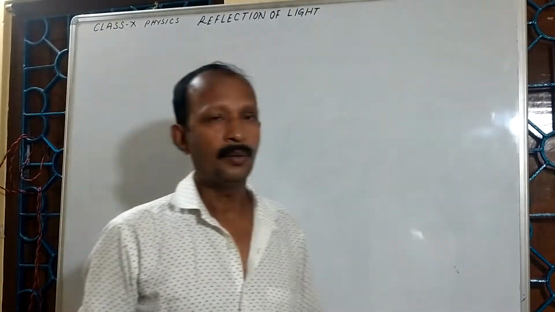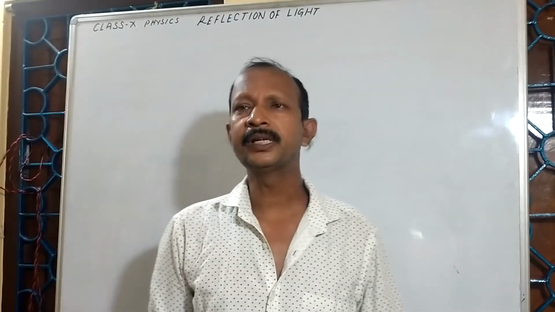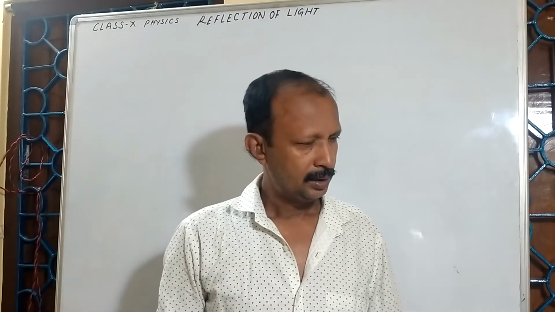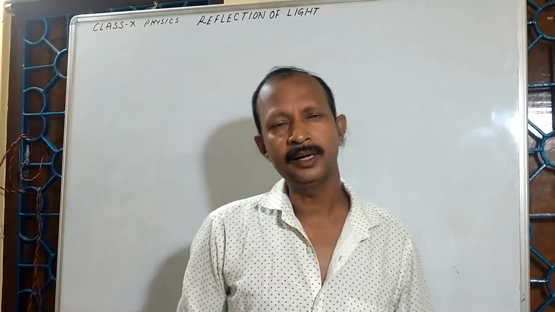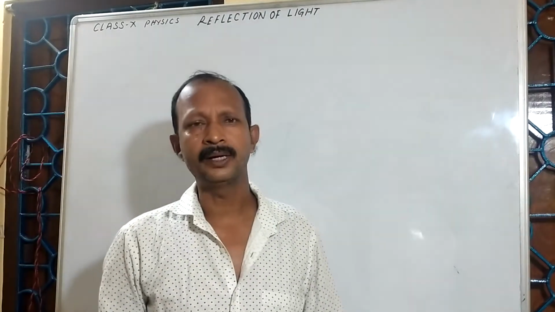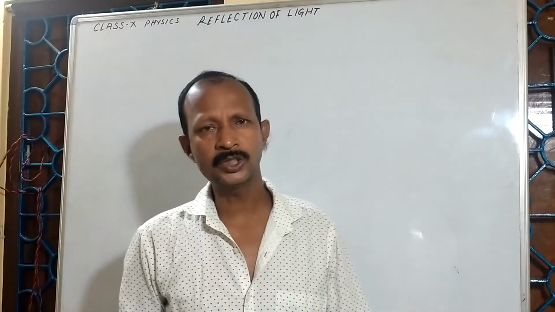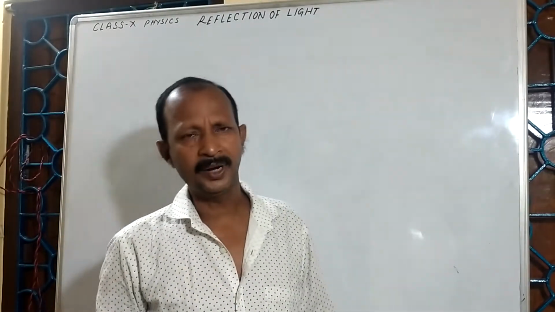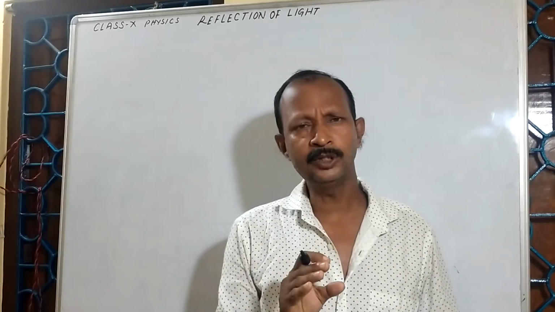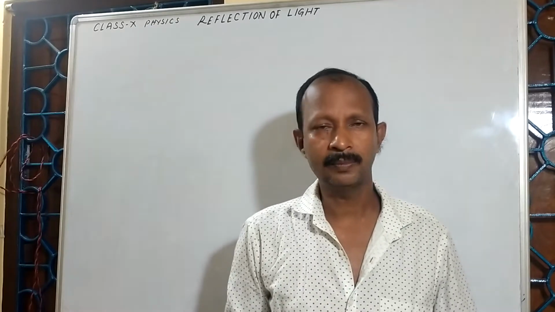So our topic is formation of image by concave mirror. In this video, I shall explain how the images are formed when the object is placed at different positions in front of a concave mirror, not plane mirror.